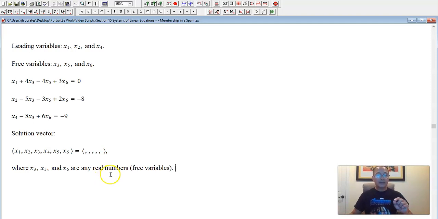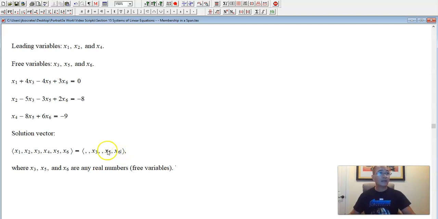Okay, so that will remind us that 3, 5, and 6 are free. So we will put x3 in our third component. That's our third component. x5 is free, fifth component, and x6 is free, last component. There we go. So those are our free variables, and they are in their correct place. Third component, fifth component, and sixth component.